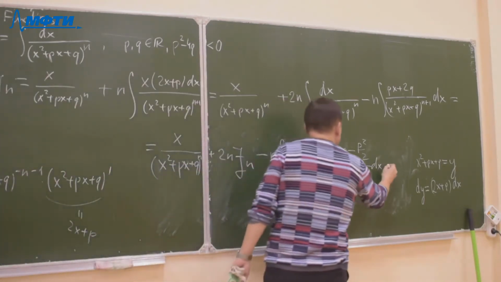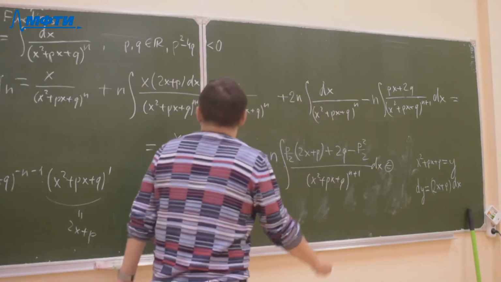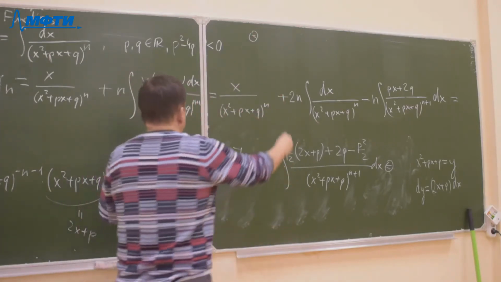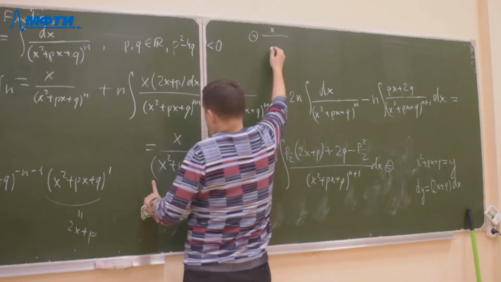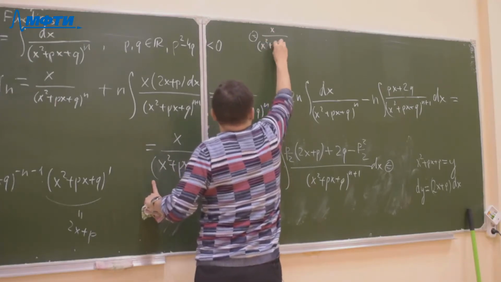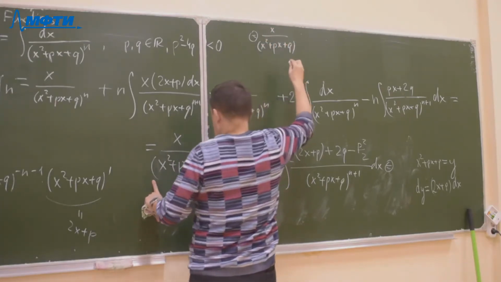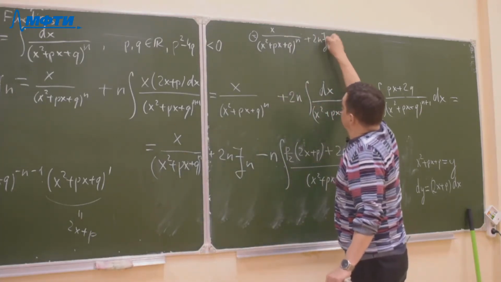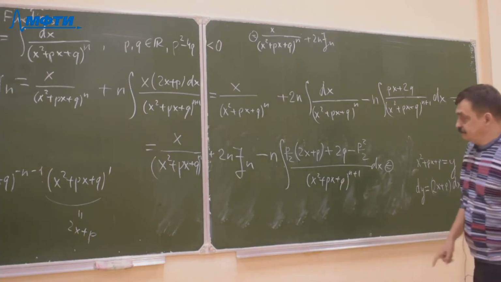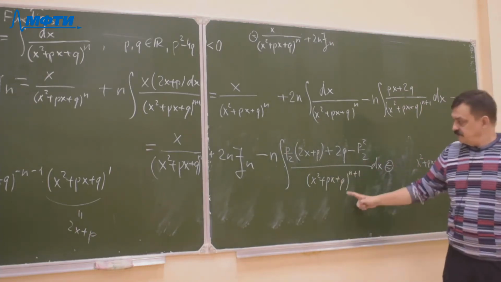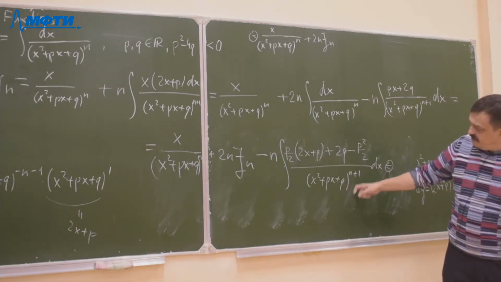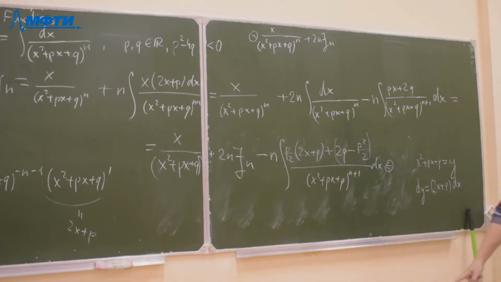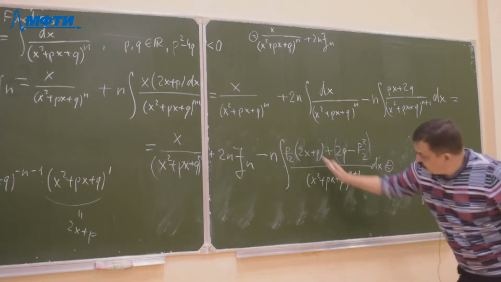Let me move here. So the first two terms, I will not touch them. Jn. Now look, I can represent here a sum of two integrals, right? That one and that one.